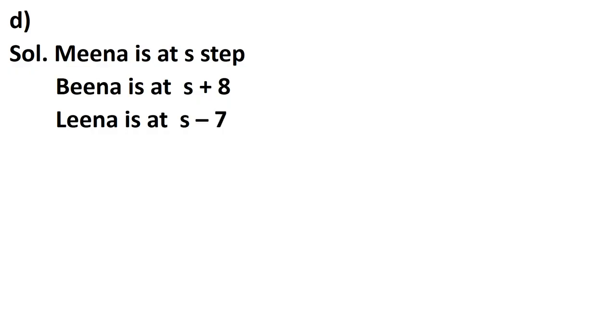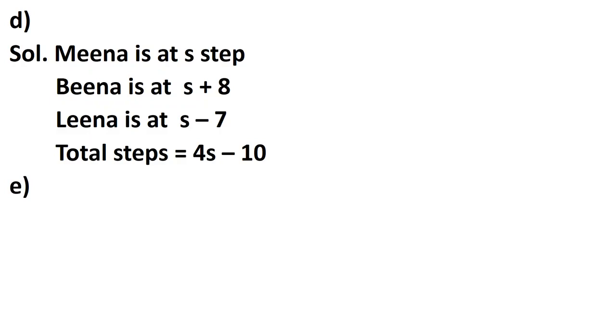Now total steps is asked. Total steps are 10 less than 4 times that Meena has reached. 10 less than what? 4 times that Meena has reached. Meena has reached s step. So 4 times is 4s. So total steps are 4s minus 10.